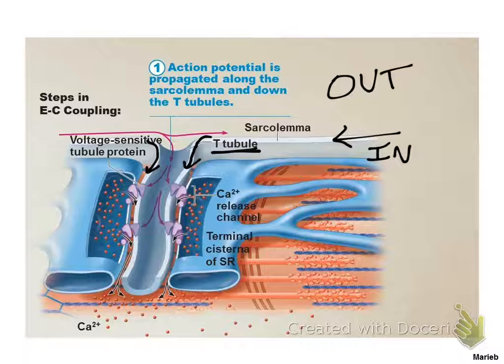And if we look on either side of the T-tubule, what do we have on either side of it? We have the sarcoplasmic reticulum. Remember how it had those fat parts, the terminal cisternae, that sat on either side of the T-tubule? And so we called those three things together a triad.